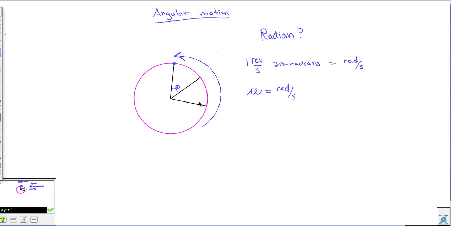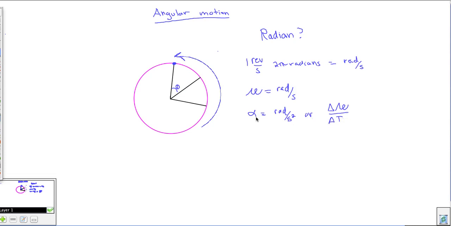Anything that speeds up angular motion is going to be an angular acceleration. So you can have it go faster or slower. What's an angular acceleration going to be? Well, it's just radians per second squared, or you could express that as a change in angular velocity over a change in time.